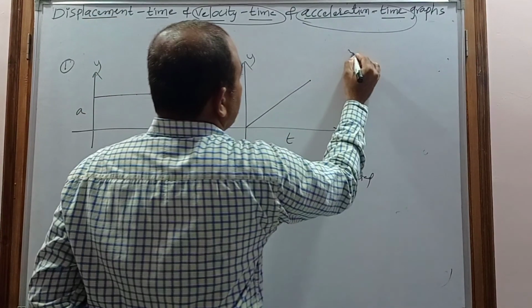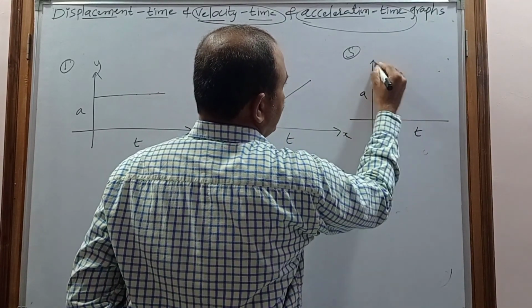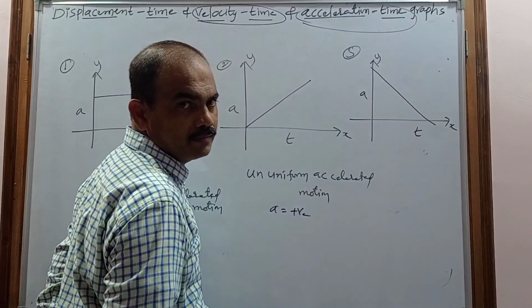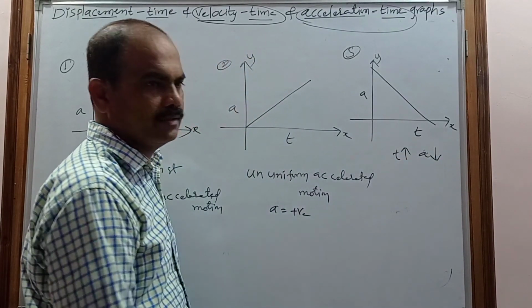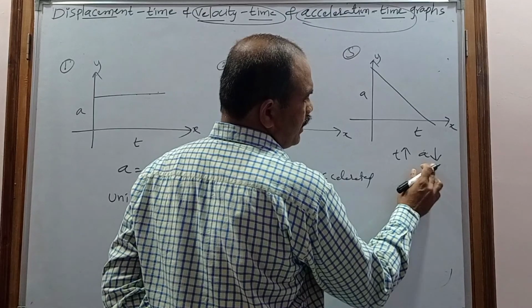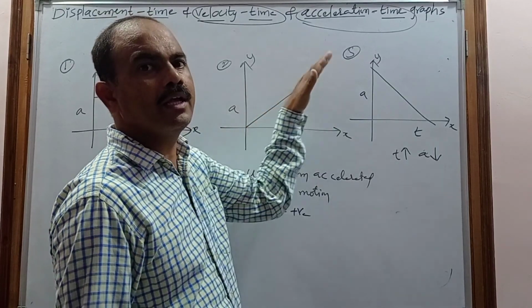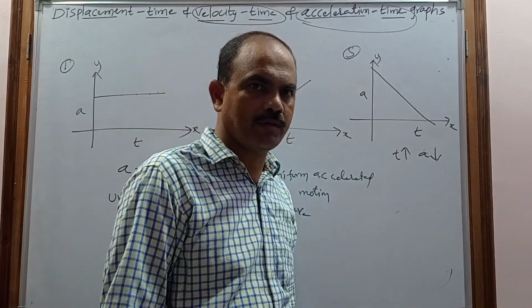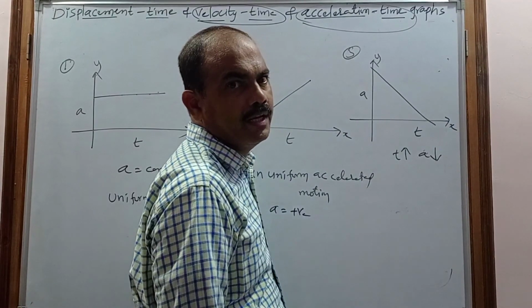And now coming to the third one. If the acceleration versus time graph is like this, by taking the time on the x-axis and acceleration on the y-axis, then when the time is increasing, the acceleration will gradually decrease. In the previous one, when the time was increasing, acceleration increased. So this is called non-uniform decelerated motion, because the acceleration is gradually decreased, negative here.